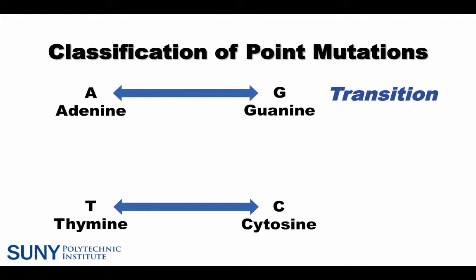Transversion mutations occur when a purine is substituted for a pyrimidine, or when a pyrimidine is substituted for a purine.